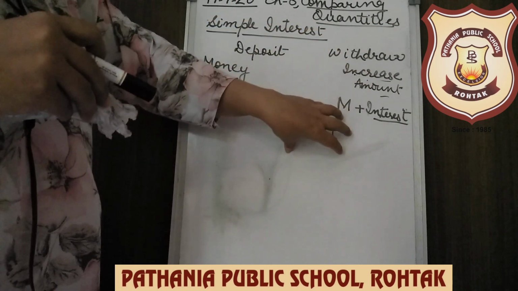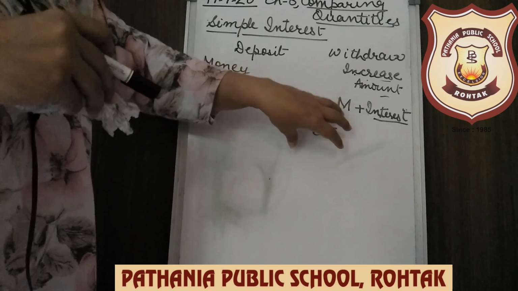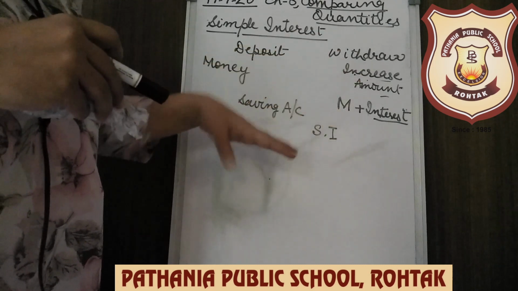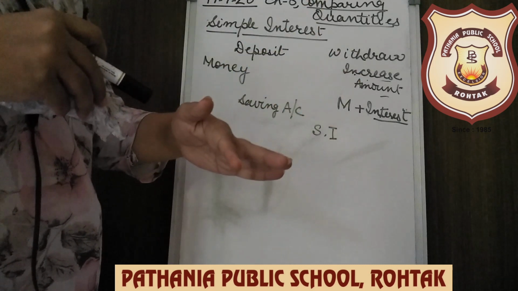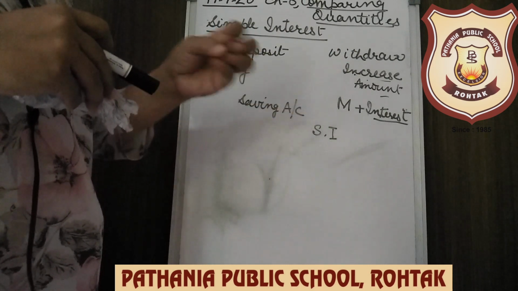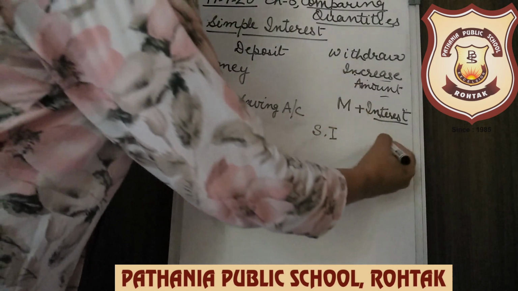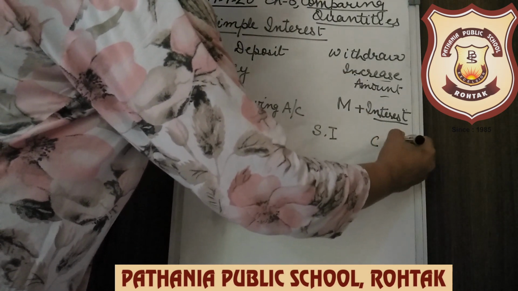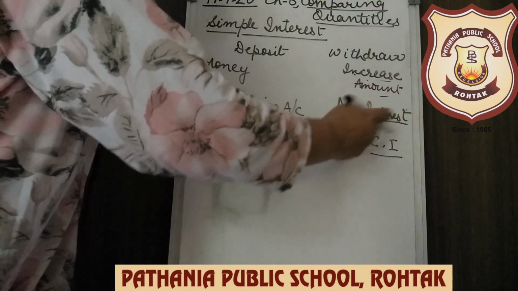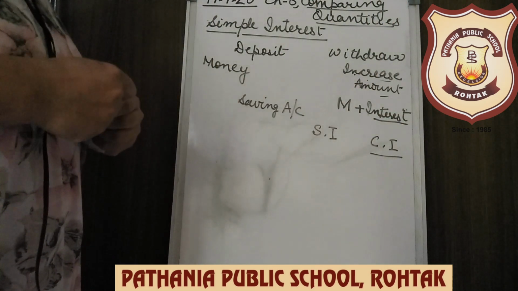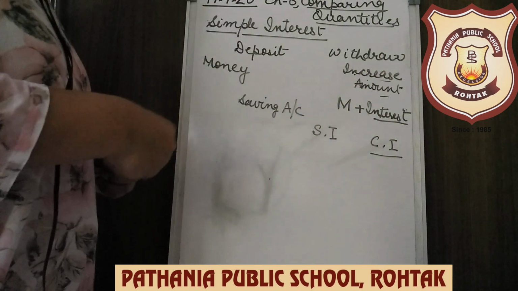That's why we keep very less amount in the saving account and then we transfer it to the fixed deposit, because there we are getting the compound interest, which you will study next year, which keeps on increasing after a certain period of time.